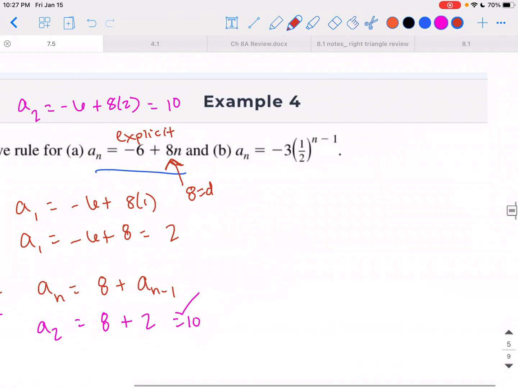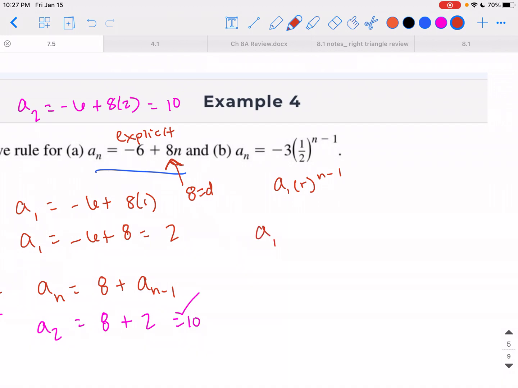Okay, on B here, we're going to do the explicit for this geometric to the recursive. Now this is a little nicer because the explicit for geometric is a sub 1 multiplied by your ratio to the n minus 1.